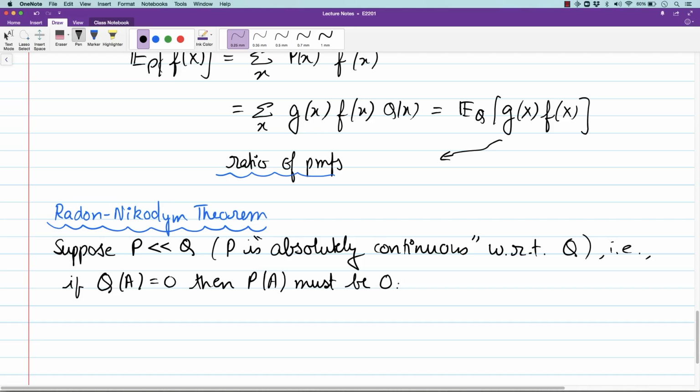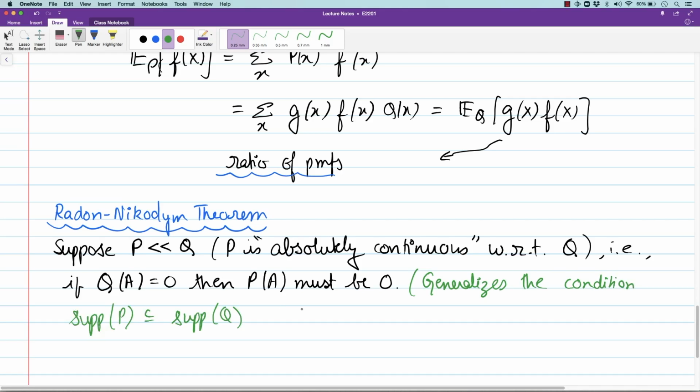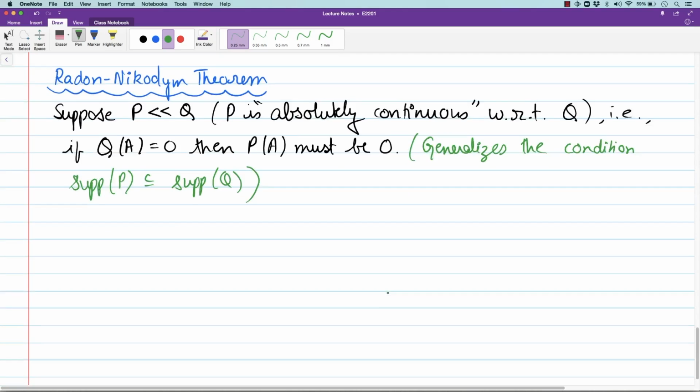This condition basically generalizes the condition that support of P is contained in support of Q, which was the condition we used in the discrete case. In general, this is the condition that whenever Q of A is 0, then P of A must be 0. Suppose this condition holds.